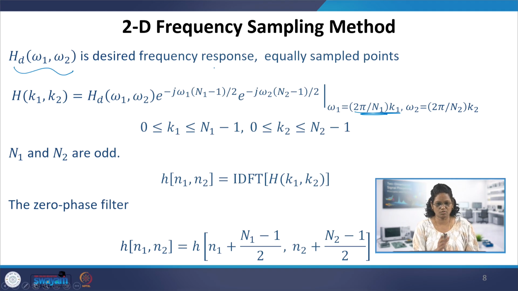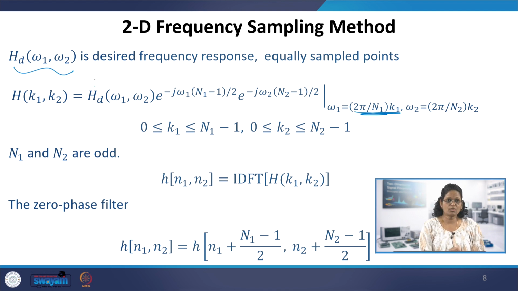So we can have this number of resonators that we are placing. There is a resonator in each direction, omega 1 and omega 2. We just want to show that this is going to be the sample points of H of k1 comma k2.